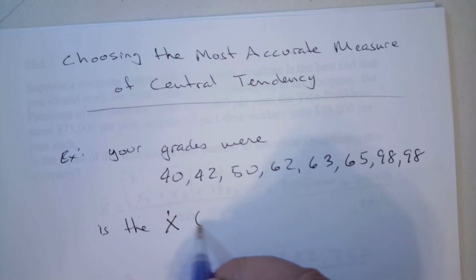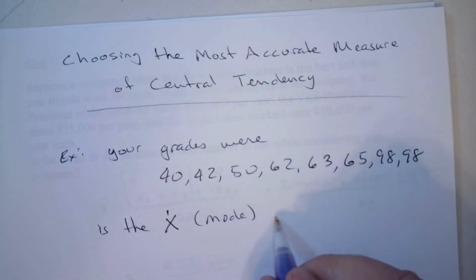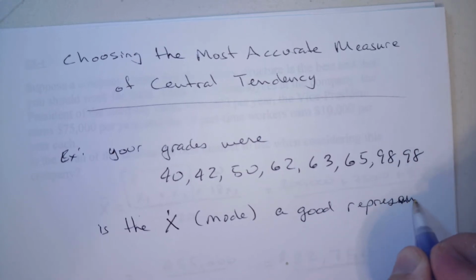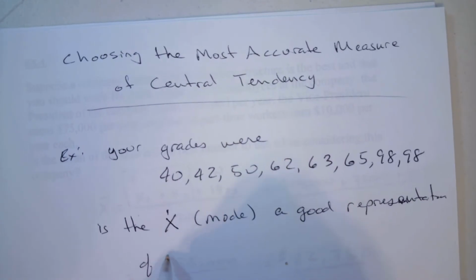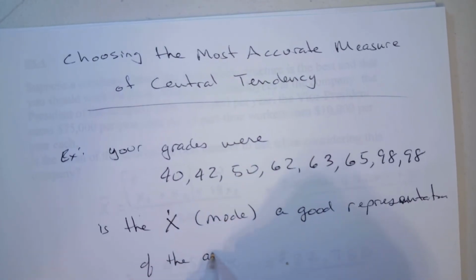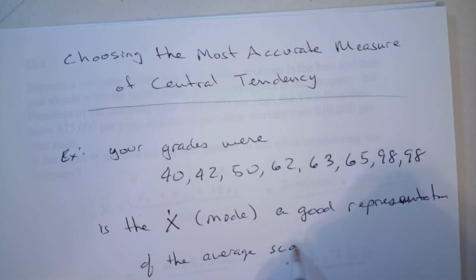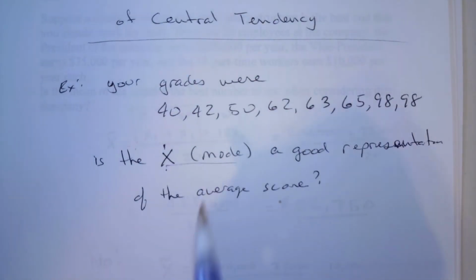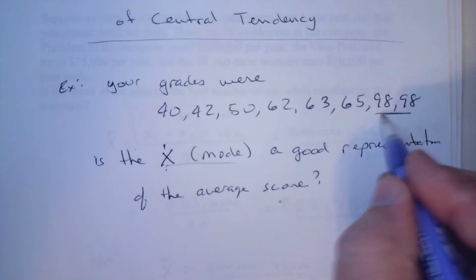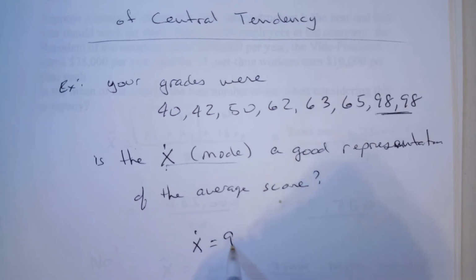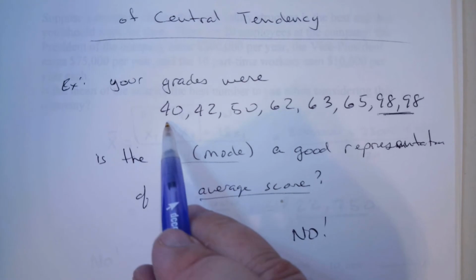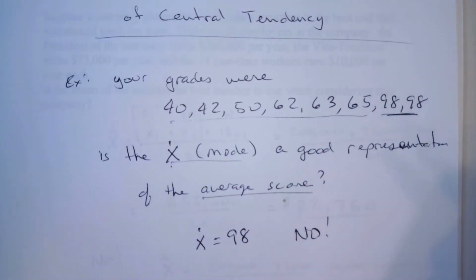Is the mode a good representation of the average score? The mode, remember, is the most frequently occurring. The mode in this case is 98. So is that a good representation of your average? No, because most of your grades are D's or below.